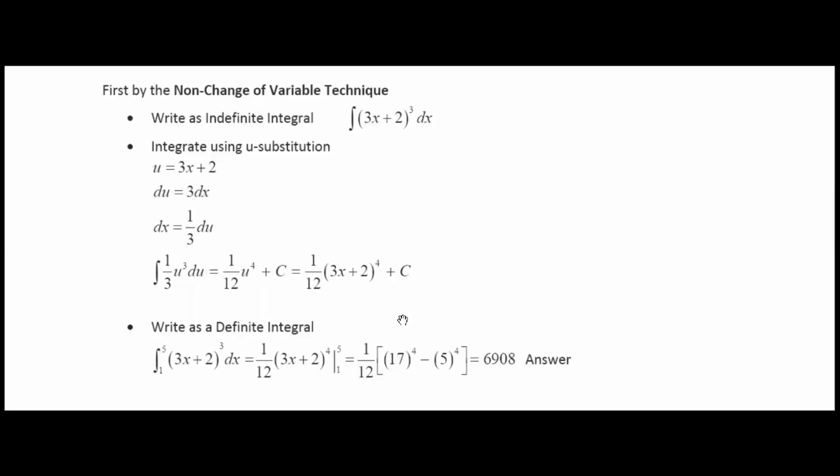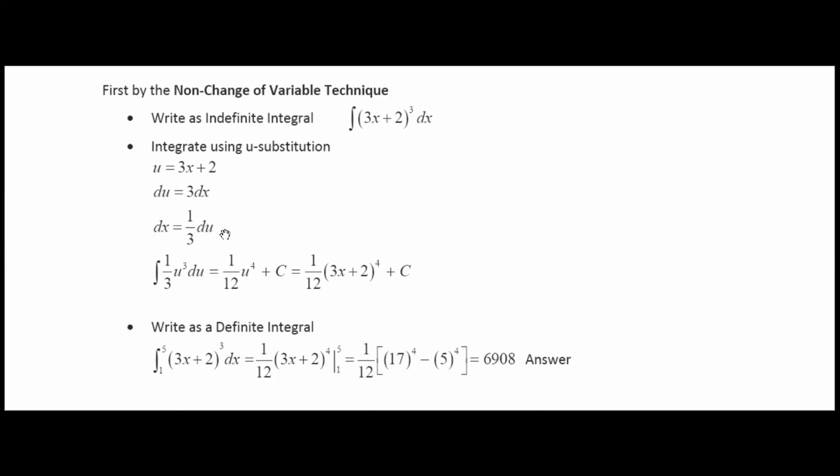So here's what we're going to do. First, we're going to do it by the non-change of variable technique. That is what we described there at the outset. We're going to take this integral. We're going to let u be 3x plus 2. That's your quantity. We're going to find dx by saying du is 3 dx, so dx is 1/3 du.